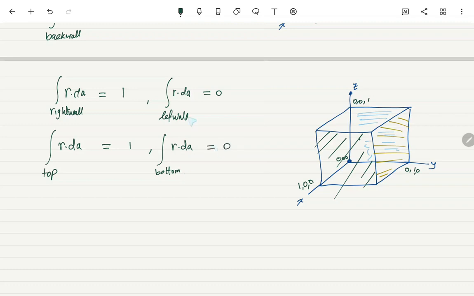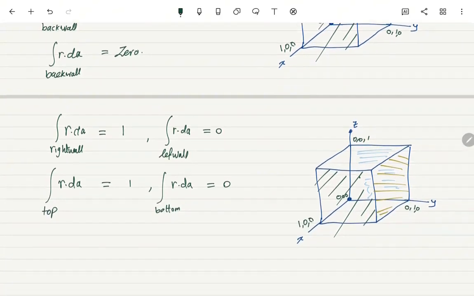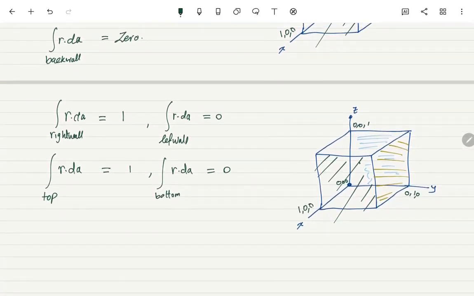Remember, we just use the same rule as in the front and back wall calculations.